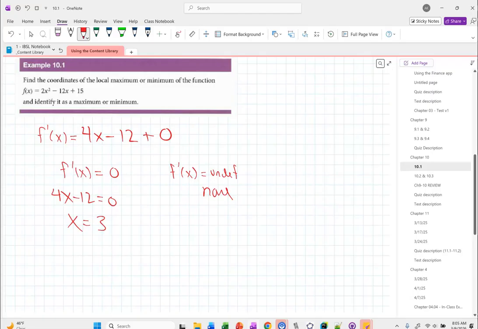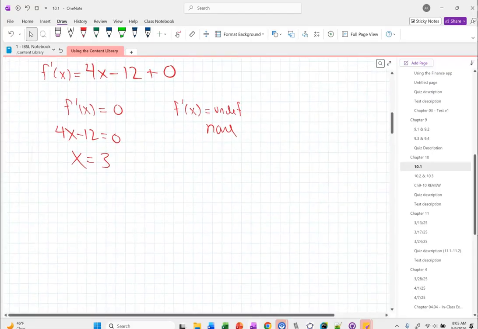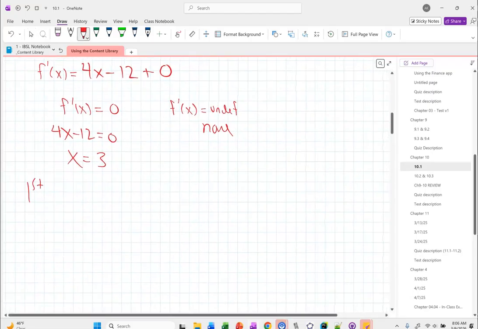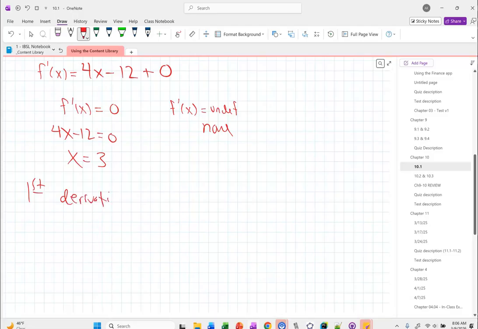Okay, so if I'm going to do this now as a first derivative test, I'm going to make a sign diagram. My critical points are going to be on my x-axis. So in this case, I have only one critical point, it's just x equals 3.